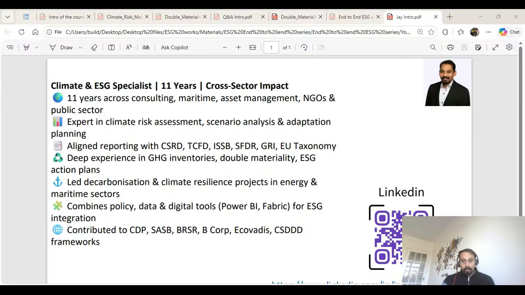I worked on climate risk assessments, GHG inventories, double materiality assessment, scenario analysis, and implementing reporting frameworks for corporates, companies, and governments, based on ISSB, CSRD, and ESRS. Today we are going to see the double materiality process with practical solutions through Excel templates, and how this helps from transition planning to assurance readiness, with report work based on various international frameworks. I'm really glad that you are here and I look forward to an interactive session.